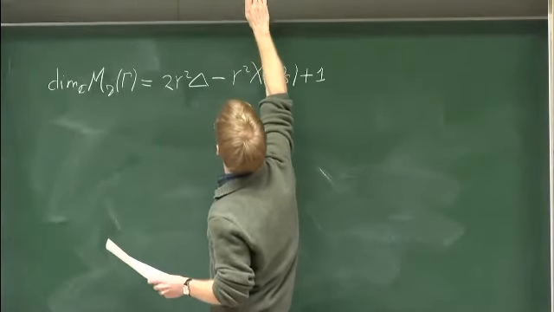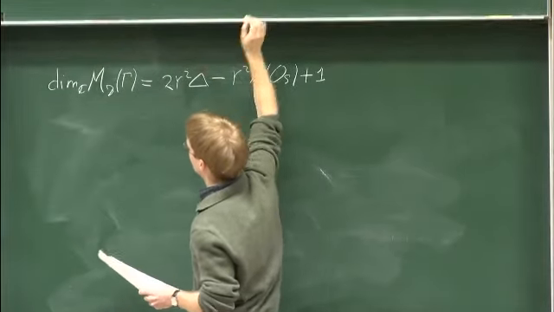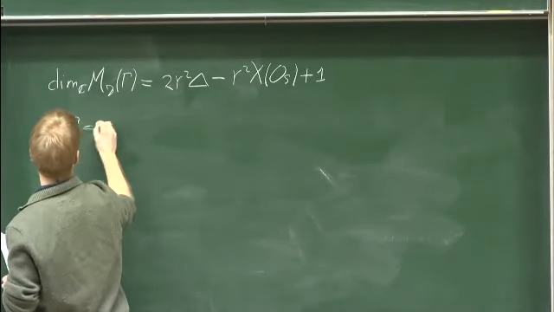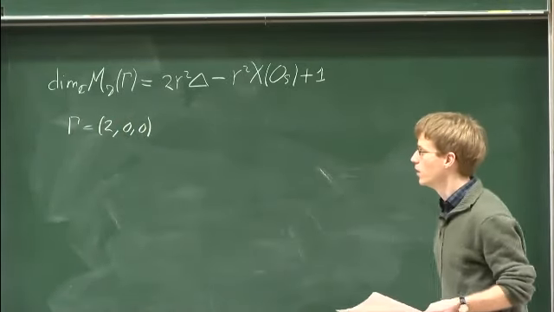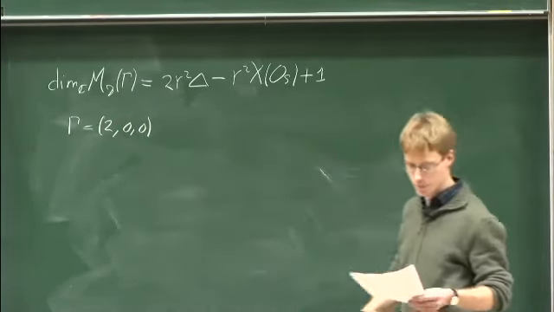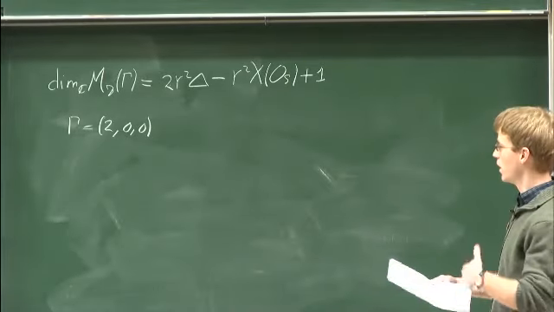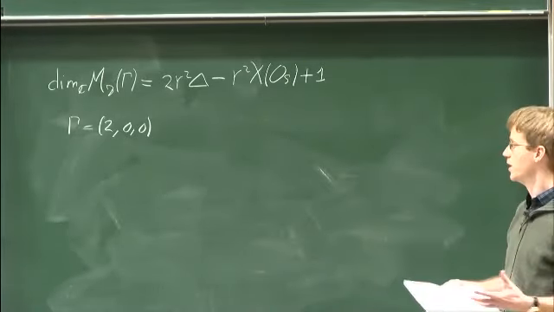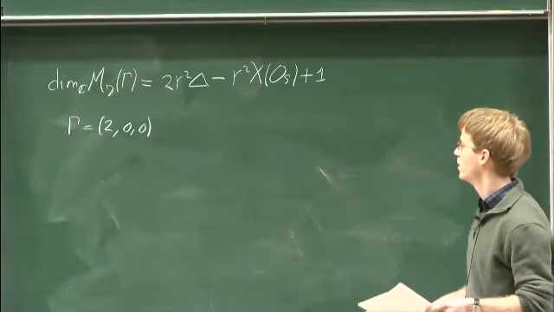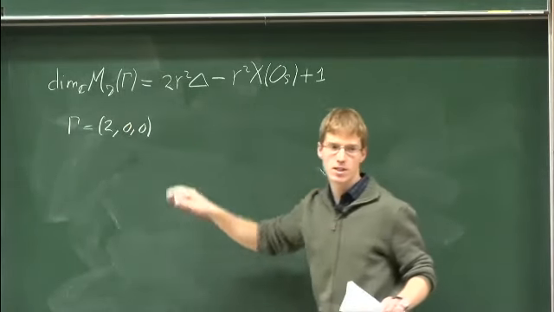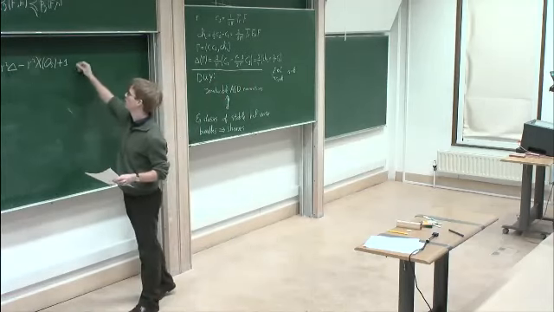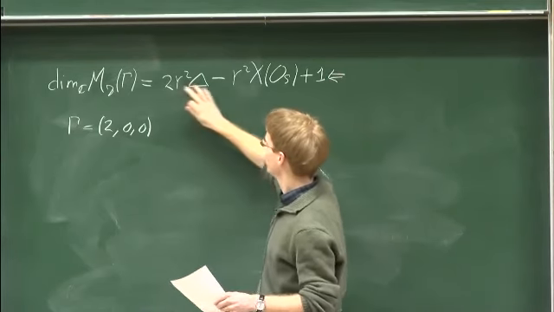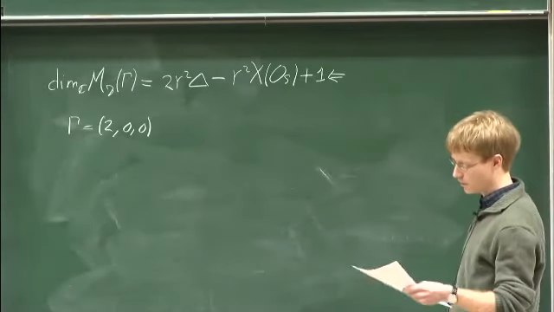Semi-stable is if there is an equal sign here, and it, for example, happens if gamma is, for example, 2,0,0, if you can divide it by an integer which is bigger than 1. And then the moduli space will typically be non-compact, and you can compactify it, but then it still has singularities. So then the modern language to describe these spaces are stacks, and it becomes pretty abstract. But this dimension formula still holds. That holds also for semi-stable sheaves.